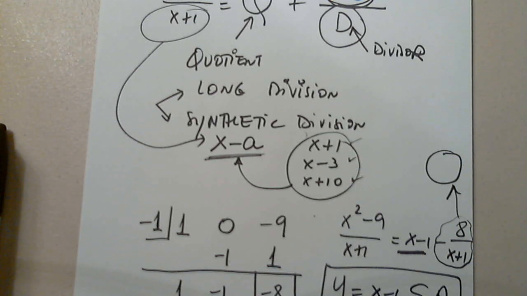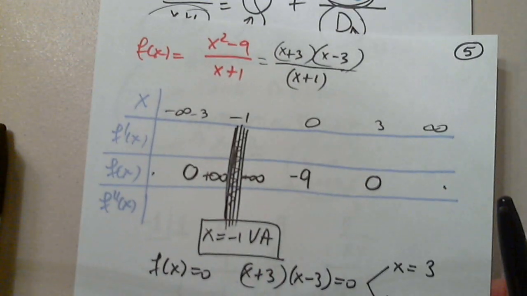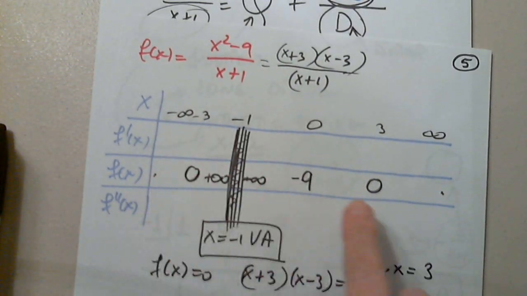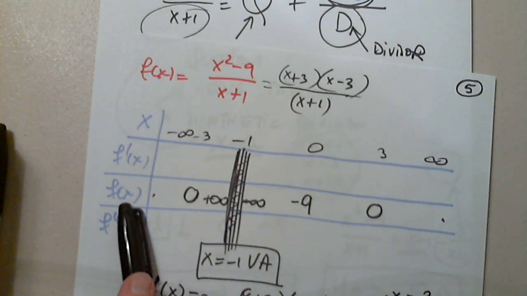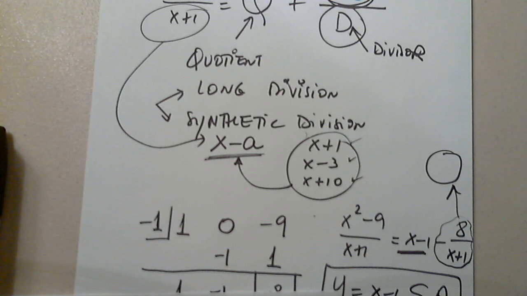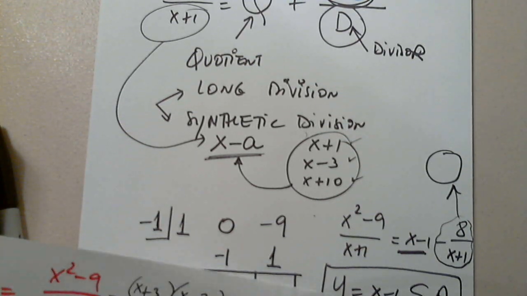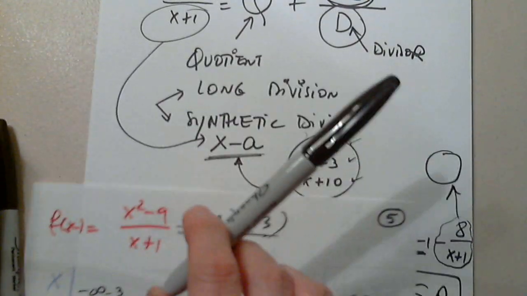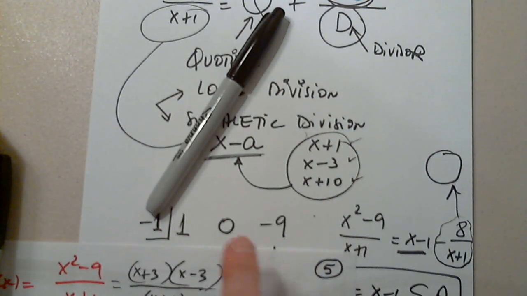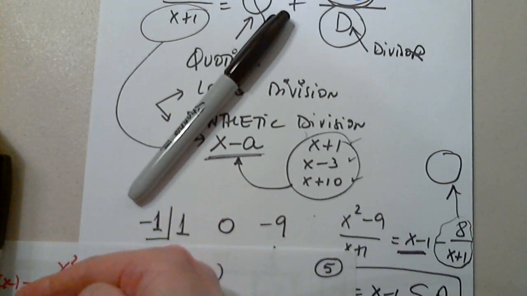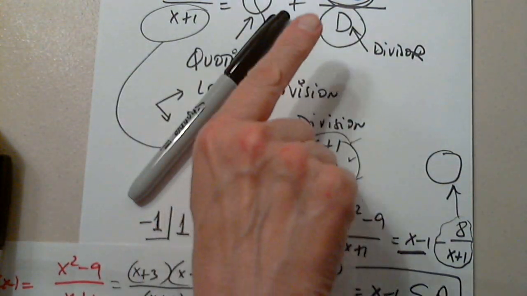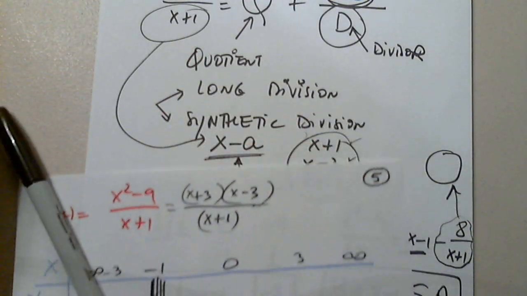Okay, back to our table. We want to find the limit. The limit for the function is where the slant asymptote is going. So where is this going? It's a positive slope. It's going to negative infinity at negative infinity, and it's going to positive infinity at positive infinity.